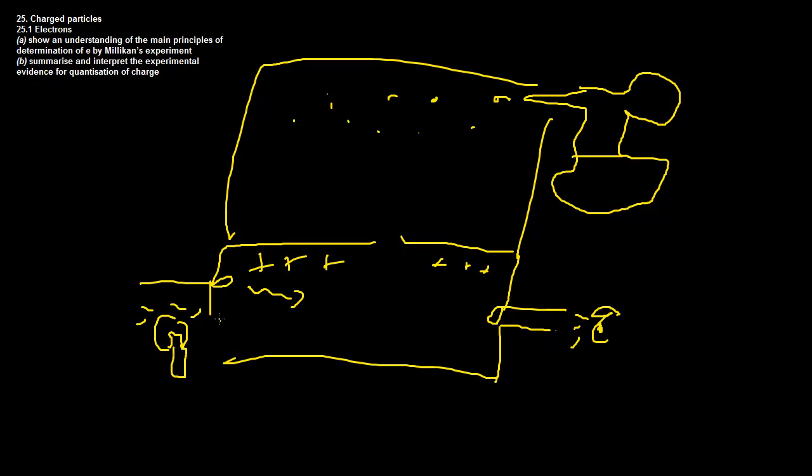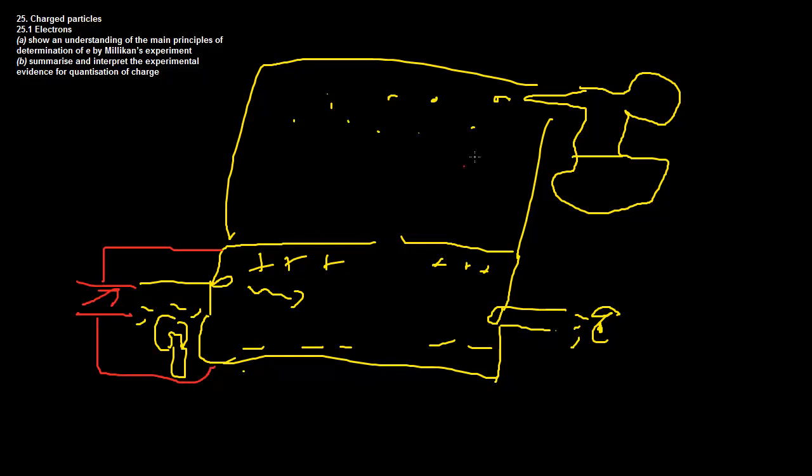And then over here we have a charged plate with a variable voltage across it. This is a very ingenious kind of setup, which let Millikan figure out the elementary charge of an electron.